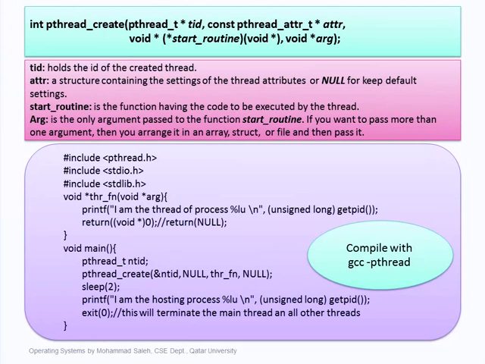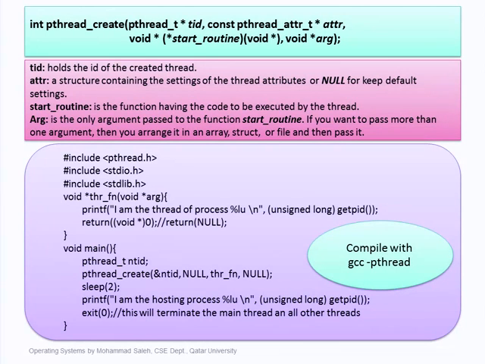Now, how to create this thread? I can use pthread_create. I'm not checking errors here, but most of the thread functions return 0 if they are successful, and any other number, usually a negative number, if they are not. So pthread_create is the function to create the thread.